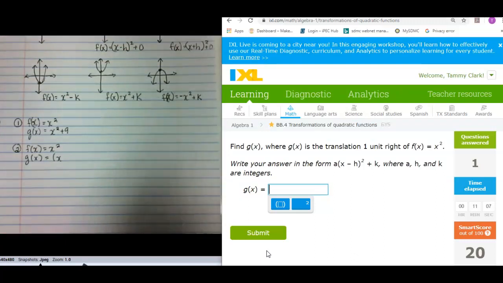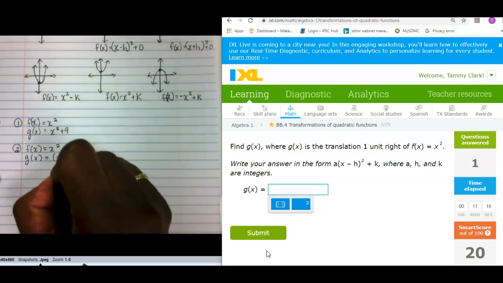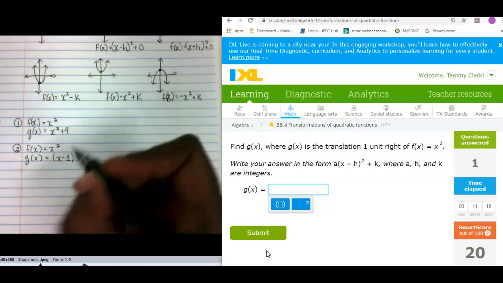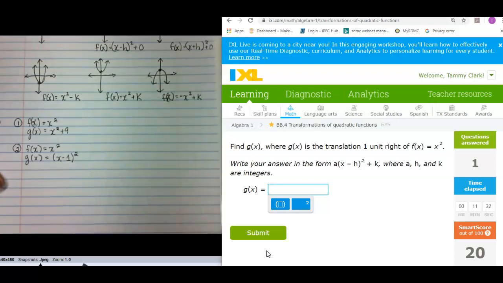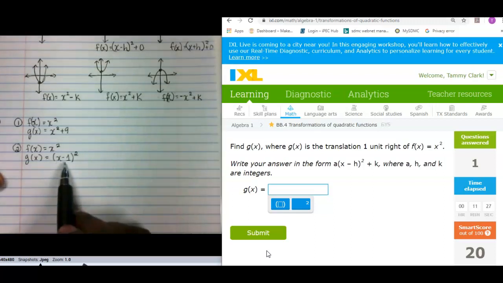What did it do? It moved right. So if it moved right, I think to myself, what do I have to do to get this function back to its origin? I would subtract 1. What kind of function is it? It's a quadratic, so I need my square up here. And it did not move up or down, so this would be my answer, x minus 1 squared.